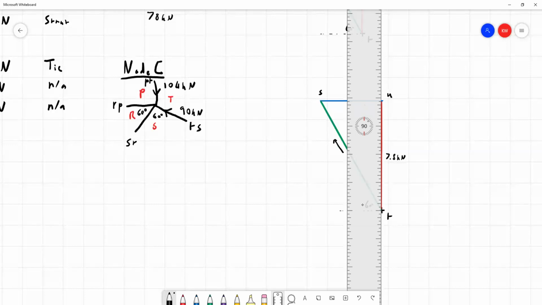So if I measure a line of 10.4 centimeters up from here, that will be 2, 4, 6, 8, 10, and then I'll do my best to mark on a further 0.4. I don't think that's too bad.